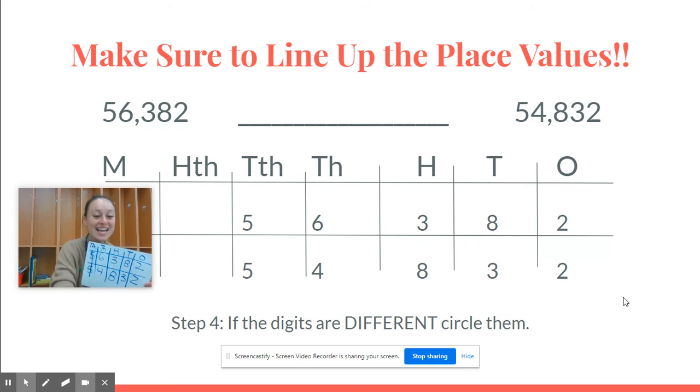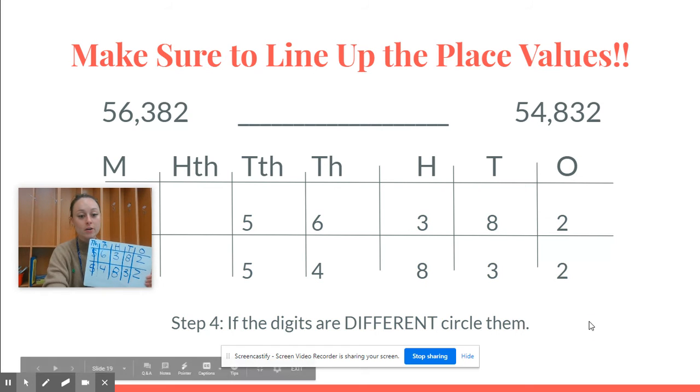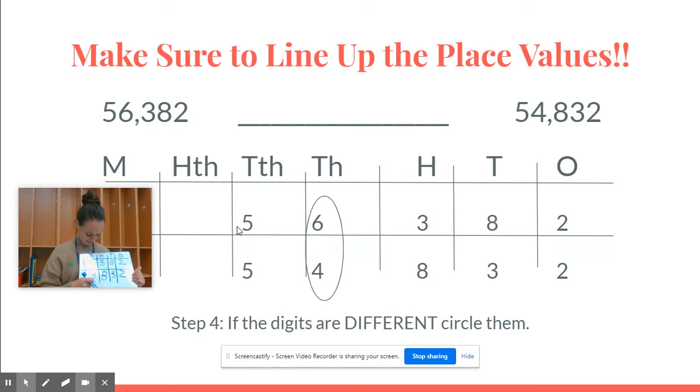Okay, now step 4. If the digits are different, then that's when I'm going to circle them. Okay? So I already know that my 5s are crossed off. But now when I go to my thousands, I can see 6 and 4. Are those the same digit? Are they equal to each other? No, they are not. 6 and 4 are different. So what I'm going to do, I'm going to circle it. Just like that, I'm going to circle it.